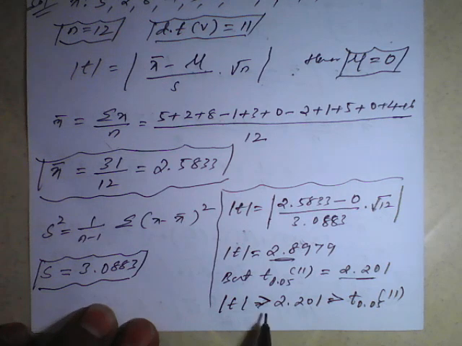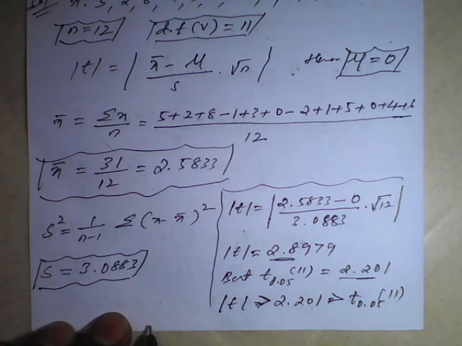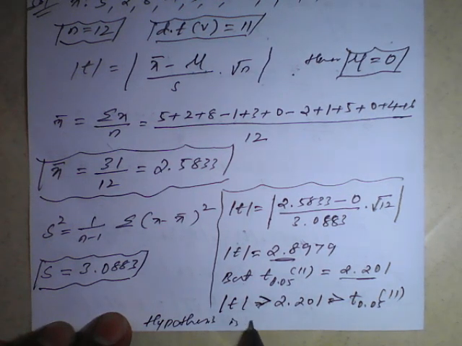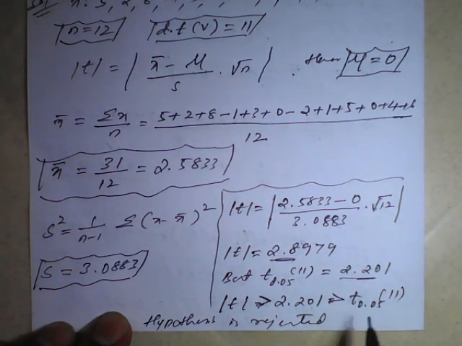Always, if the value comes greater than the T of any percentage, whether 0.05 or 0.01, your hypothesis is rejected.